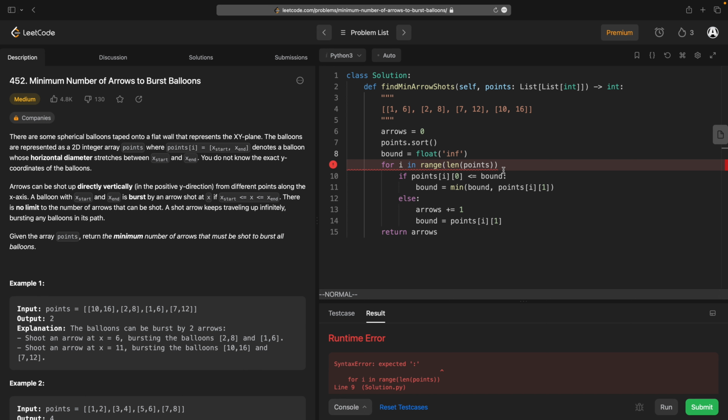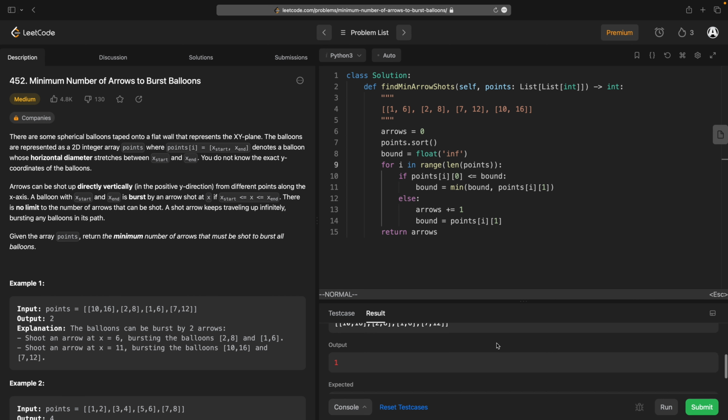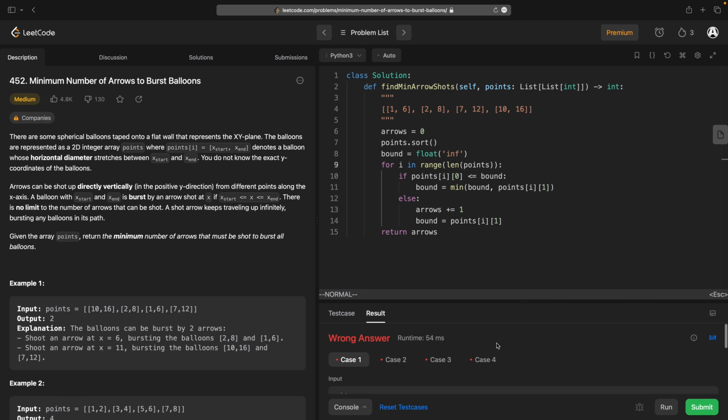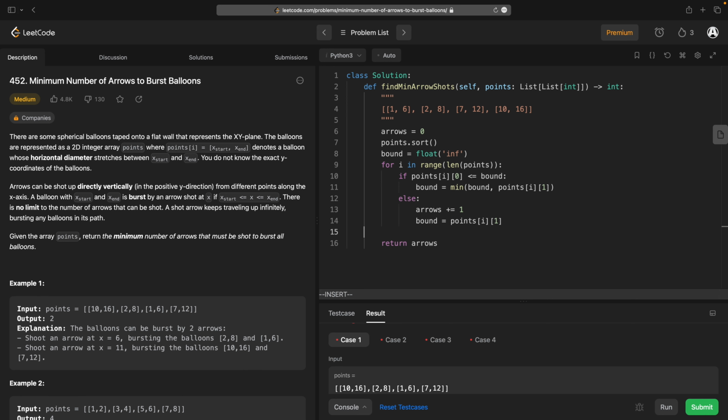Yeah, there's a problem. Oops, I don't have a colon there. That's a trivial problem. But for a problem I didn't know how to solve that came together surprisingly quickly, that's why it didn't work. Right, and then at the end, I need to fire one extra arrow. So I'm always going to fire one arrow at the end, so I could equivalently do an arrow plus equals 1 at the end, or I can just start the count at 1.